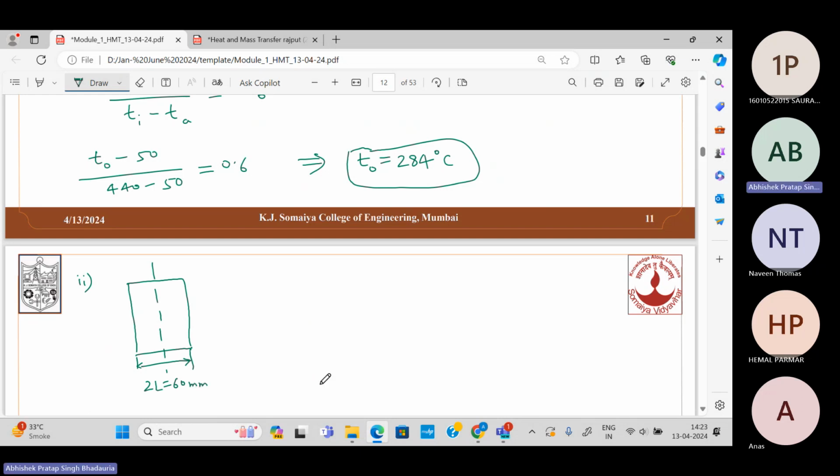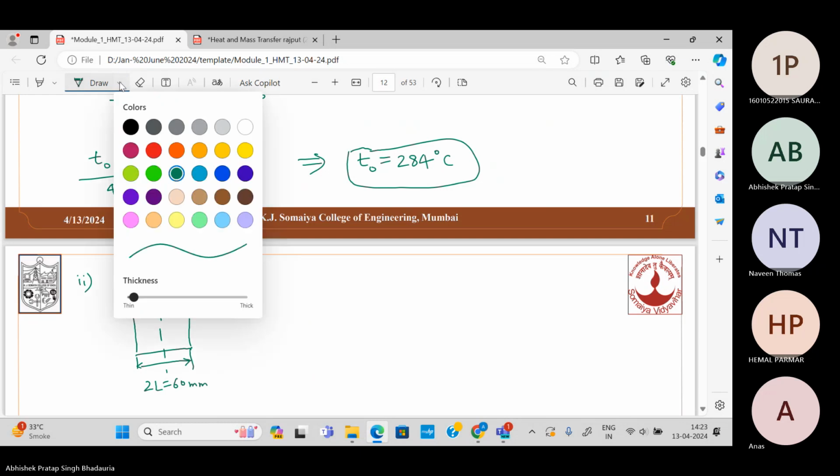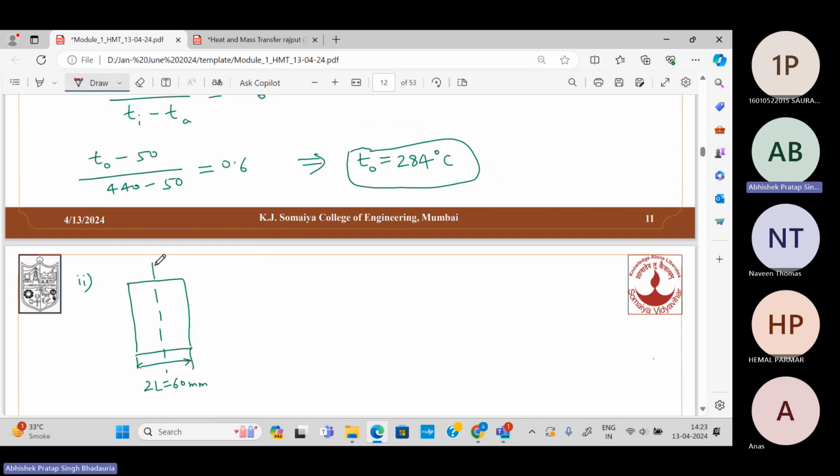I need to find, in the above case, we have already determined the center line temperature or the mid plane temperature. Now, in this case, we need to find the temperature 15 mm away from the mid plane.